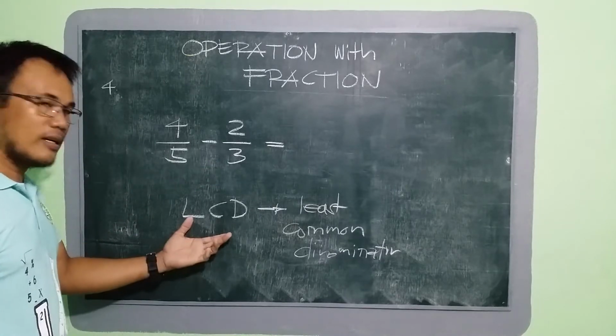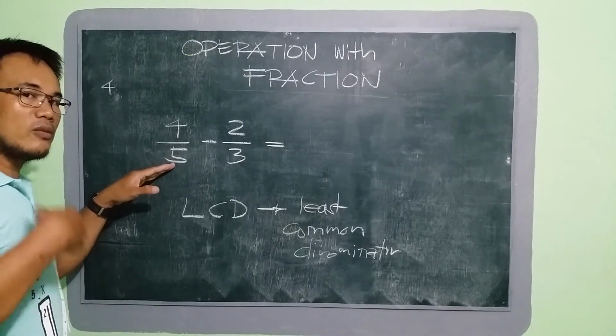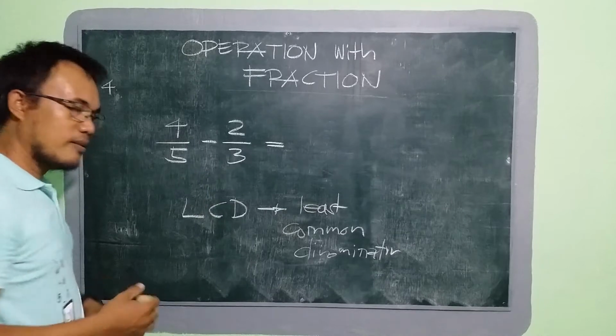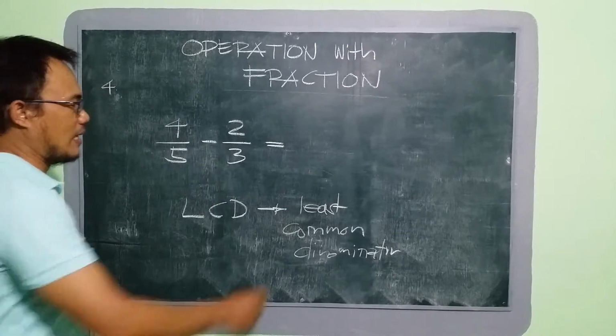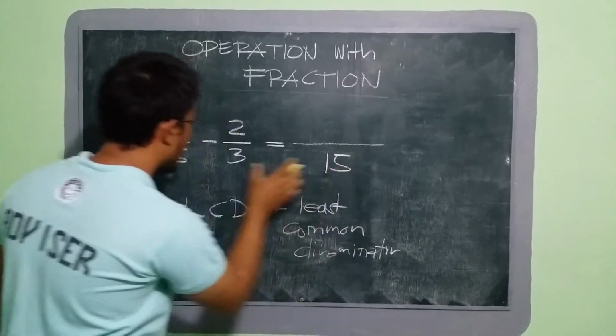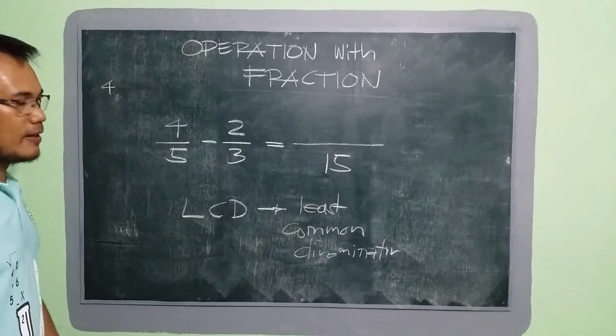So we're going to find the LCD. Think of a number that can be divided by 5 and can also be divided by 3. So in this case, that number will be 15. Why 15? Because 15 can be divided by 5 and 15 can also be divided by 3.